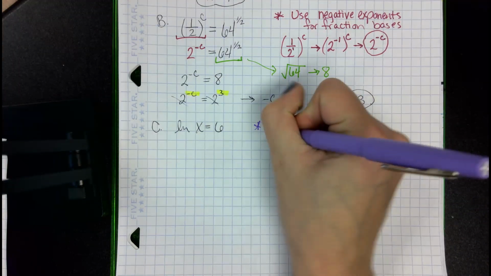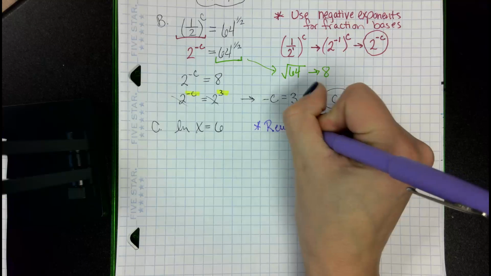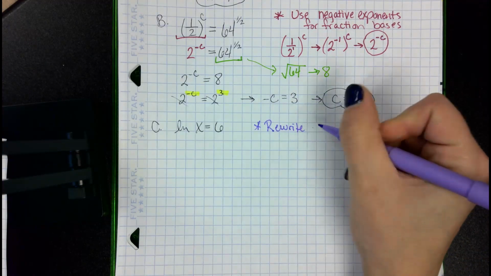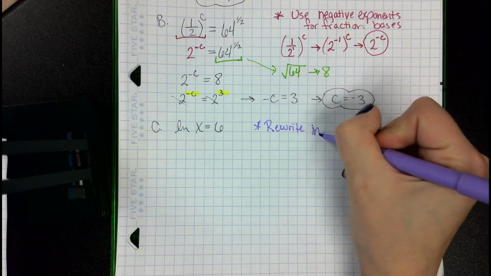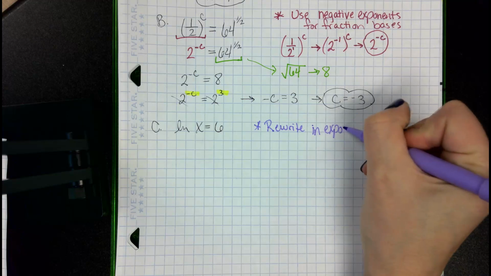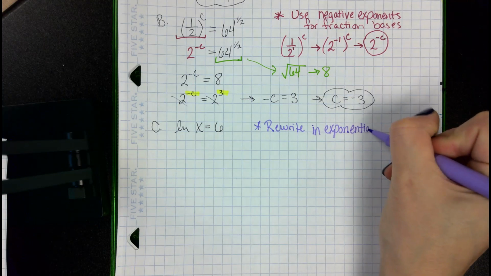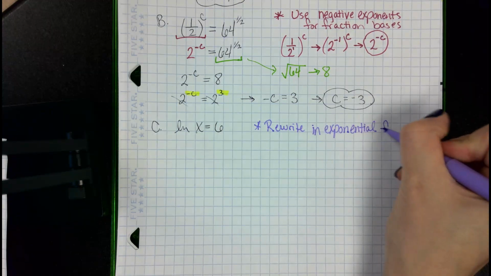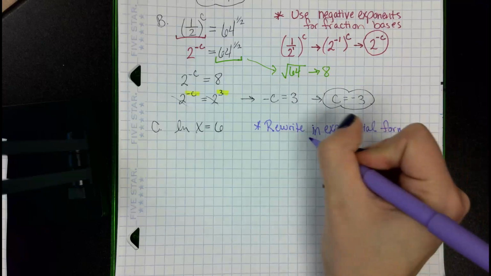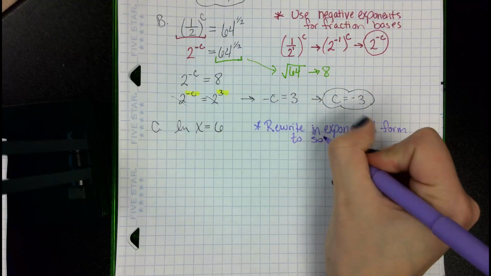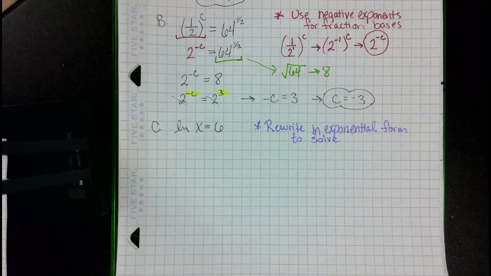So I want to rewrite in exponential form to solve. All right, so I have the natural log of x. If I have a natural log, that means the base of the log is e.